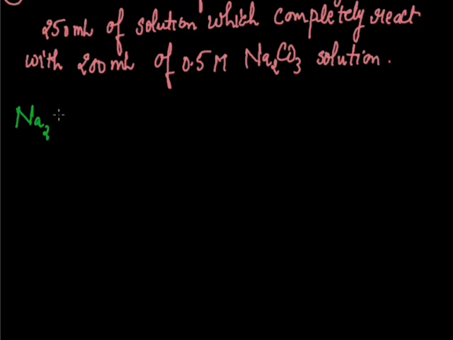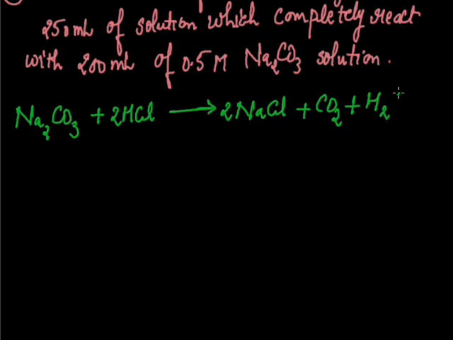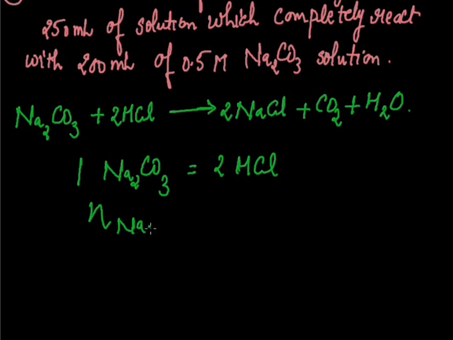Firstly, we will draw the reaction between Na2CO3 and HCl. Now again from the reaction it is clear that 1 mole of Na2CO3 is equivalent to 2 moles of HCl, but the number of gram equivalents of Na2CO3 is equal to the number of gram equivalents of HCl.